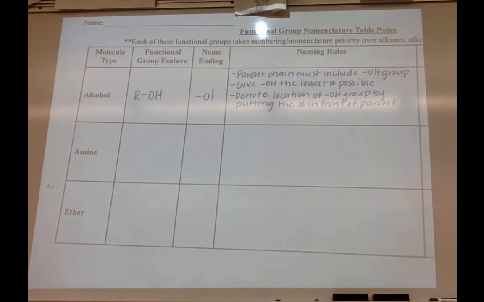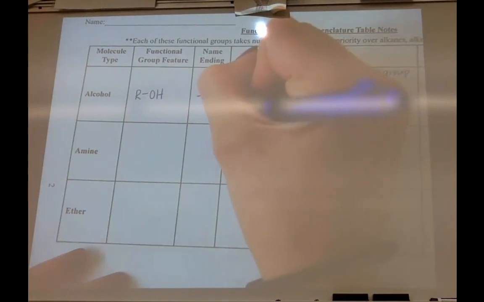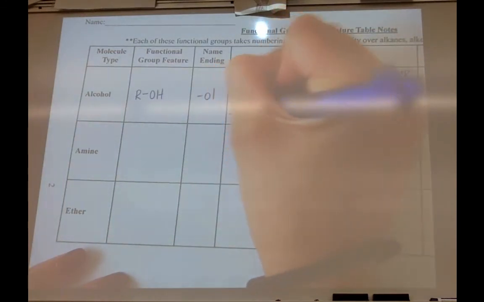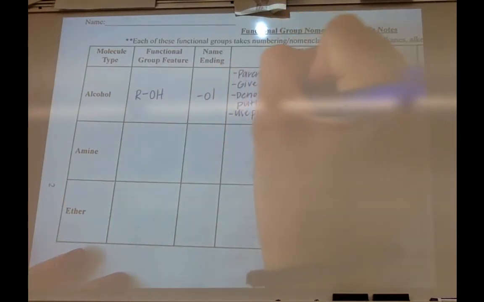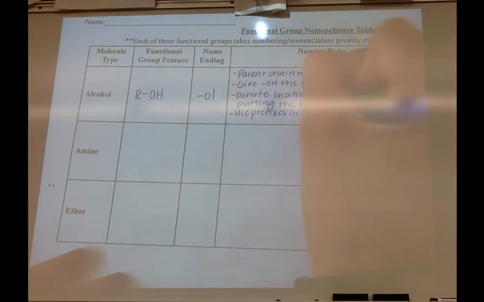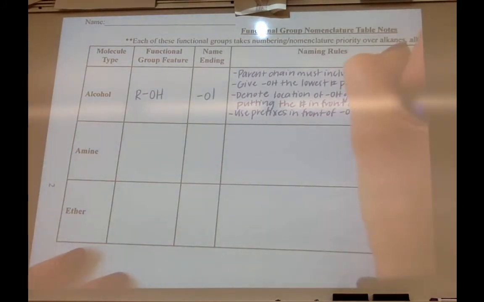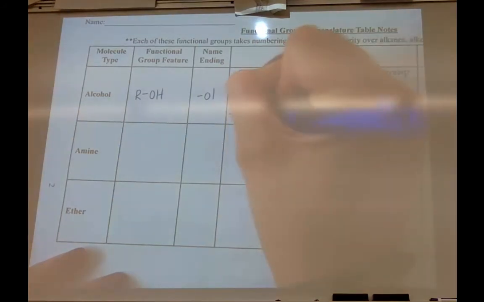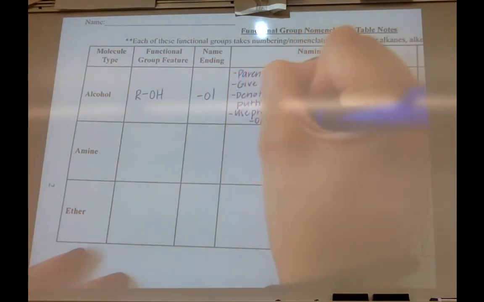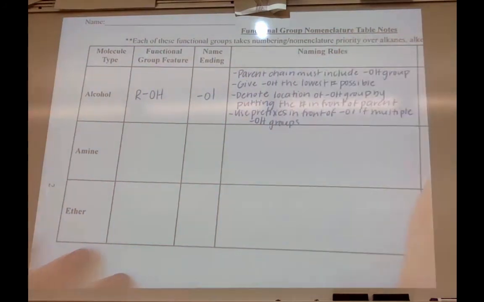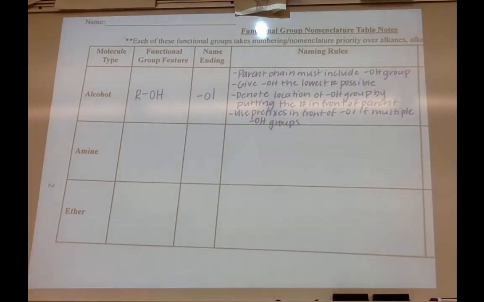Then we just need to use prefixes if there's more than one alcohol. Use prefixes in front of OL if multiple OH groups. You do need to add an E when using prefixes.